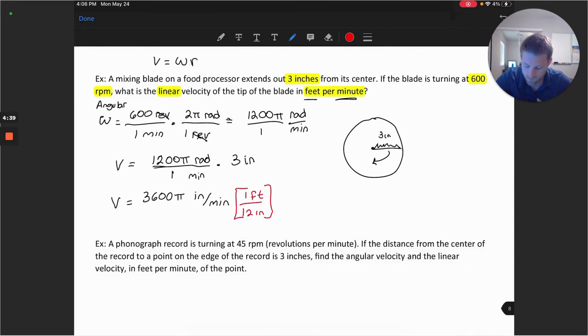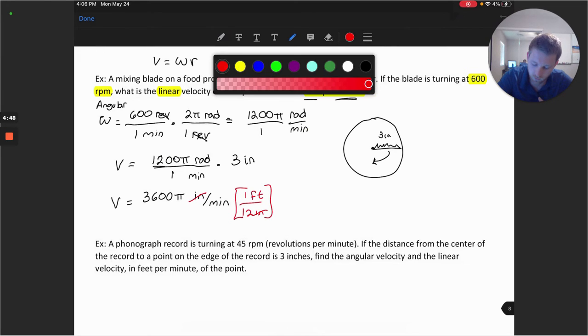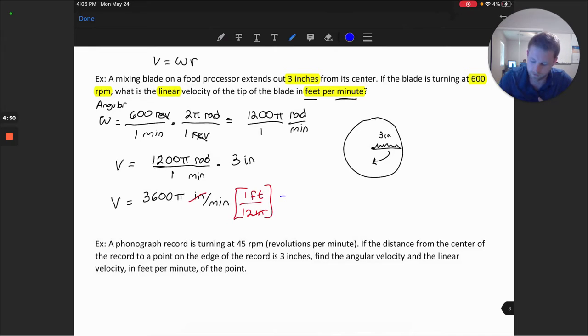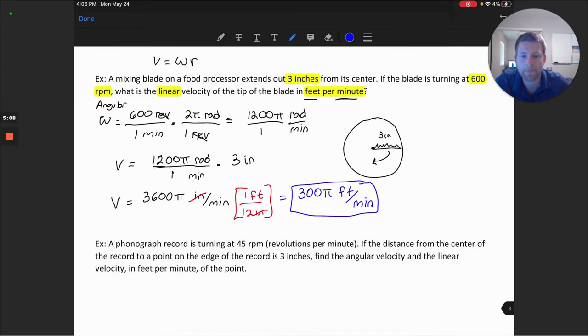And so to get rid of those inch markers and get to feet, we need to divide by 12. And so when we do this, we'll find that our velocity in feet per minute is just going to be 300 pi feet per minute. And we'll use this as our final result for this one.